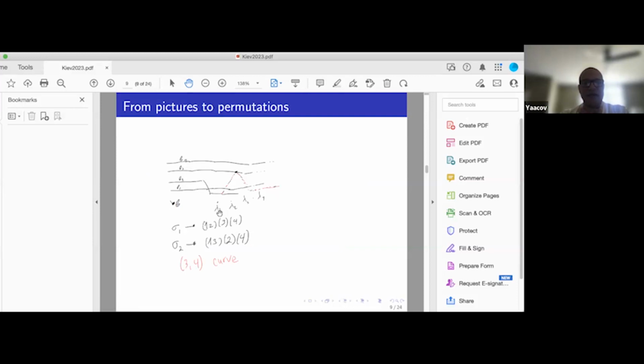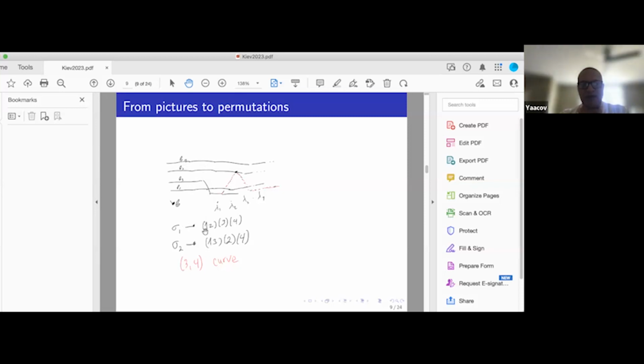And I cannot emphasize enough that this is not the branch picture of an elliptic curve, because all of these sheets will come together at those branch points. So in some sense, it's the simplest case. Here you see that I order the sheets. And then I have sigma 1, which when I go around this B1, you can see in the picture that the first and the second sheets are coming together, and 3 and 4 are not coming together.